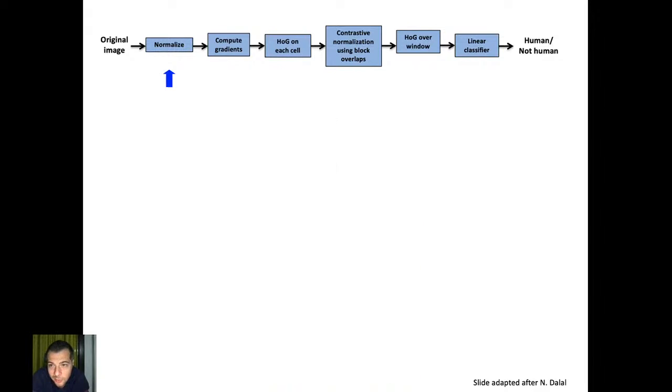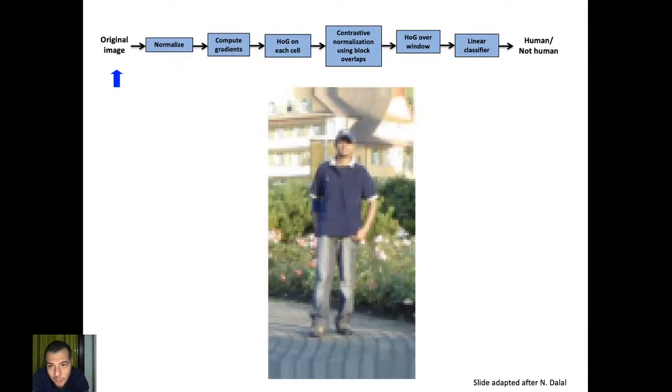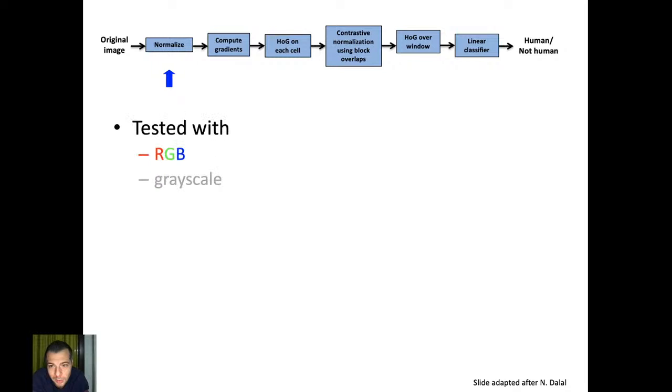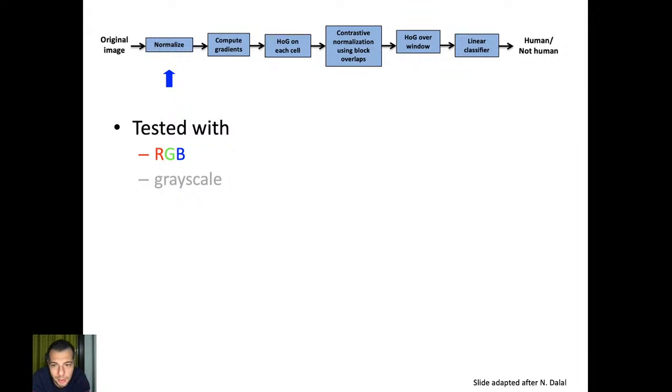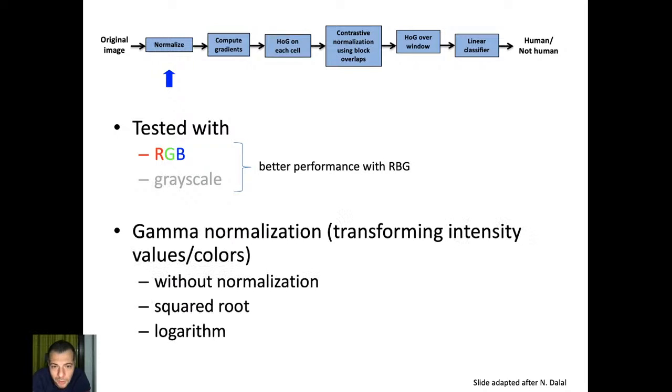So first, the original image is normalized. The approach was tested with grayscale images and with color images in RGB, and they observed better performance with RGB. So for RGB, the normalization that they used is called gamma normalization.